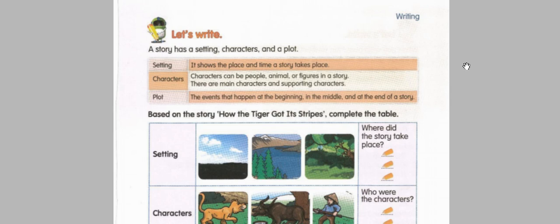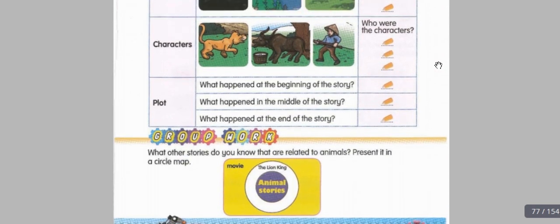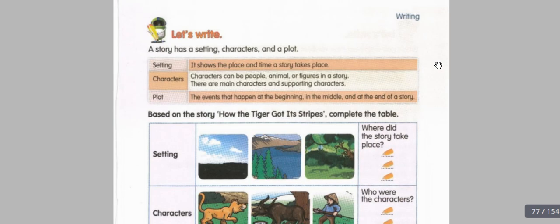So, let's start. Today we are on page 77 in your textbook, and today we are going to learn about story. What makes an interesting story? In order for you to write an interesting story, you need to have three things.